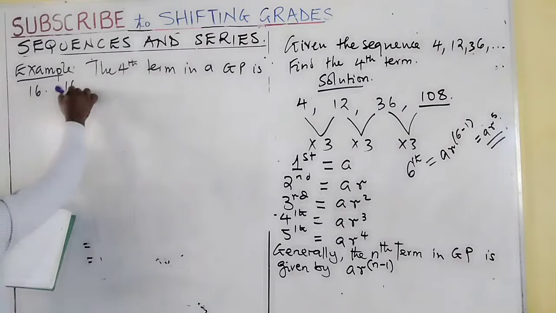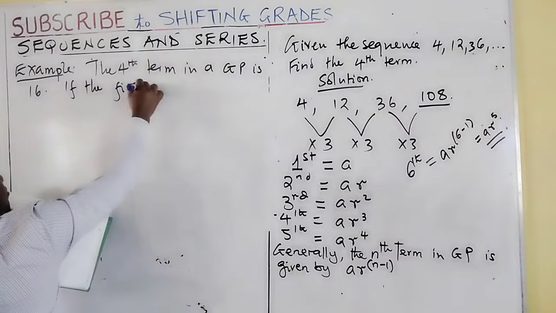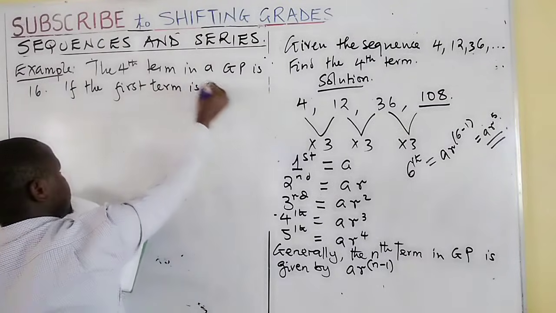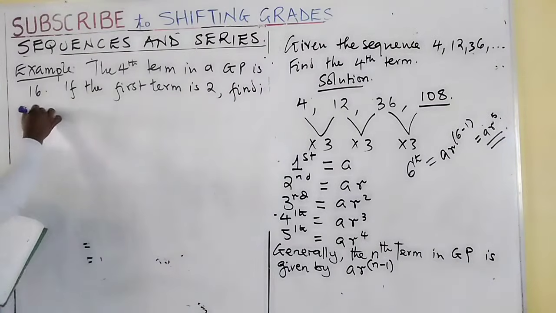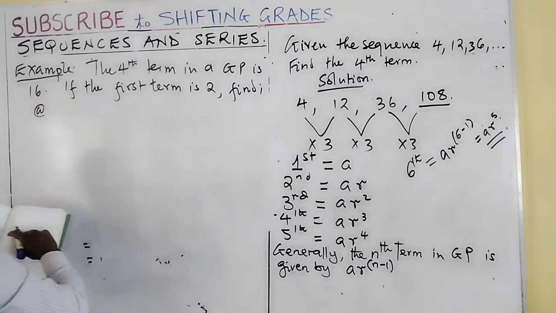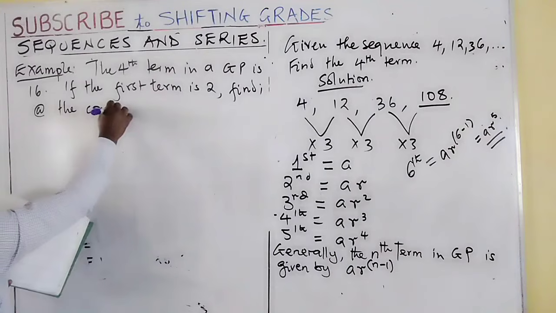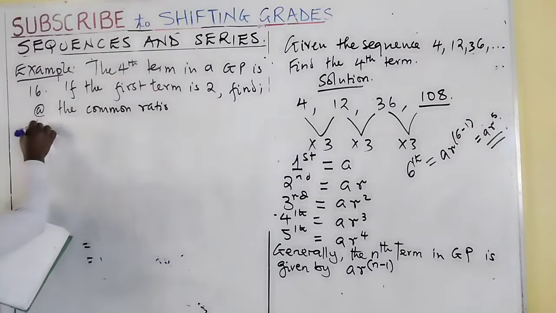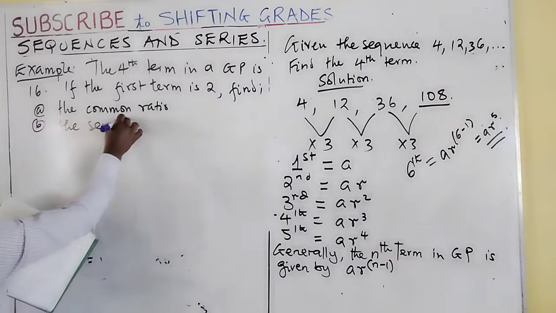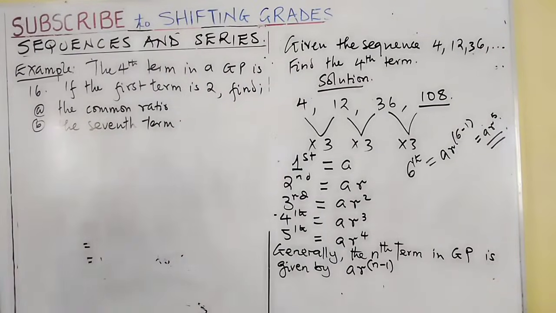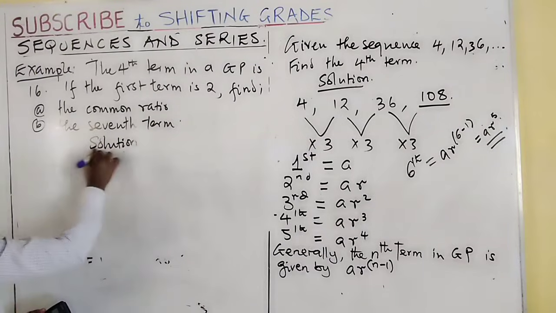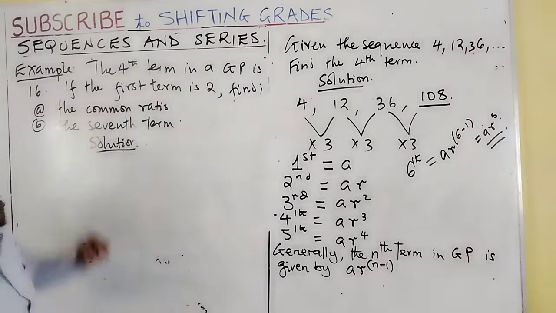If the first term is 2, find part A, the common ratio, and part B, the seventh term. Solution. So we are given the fourth term of a GP as 16 and the first term is 2. Find the common ratio, and part B, find the seventh term.